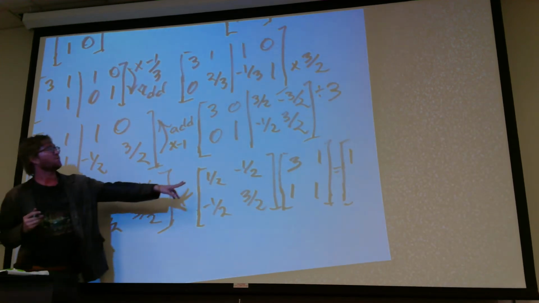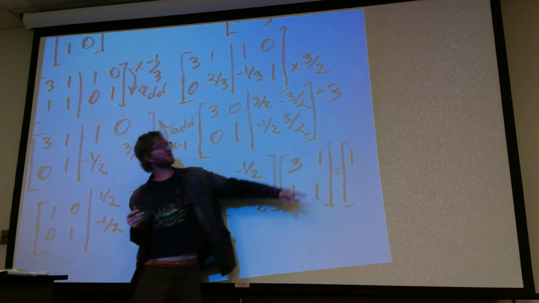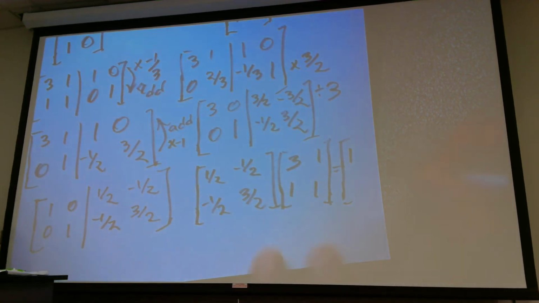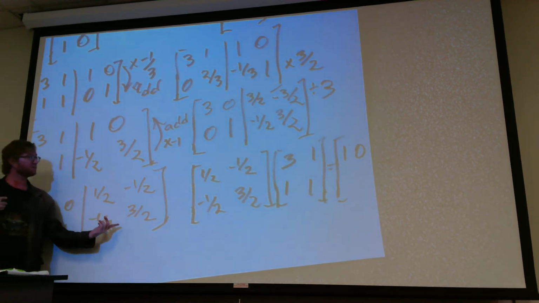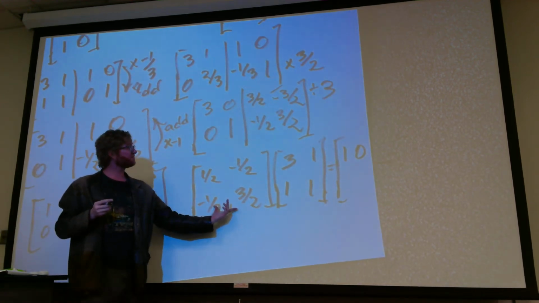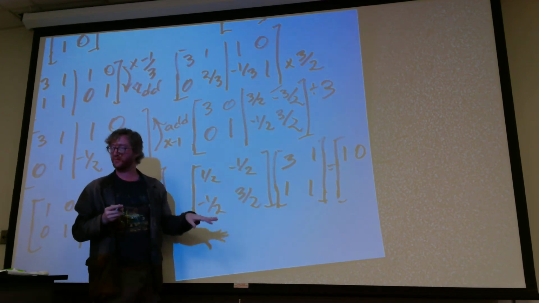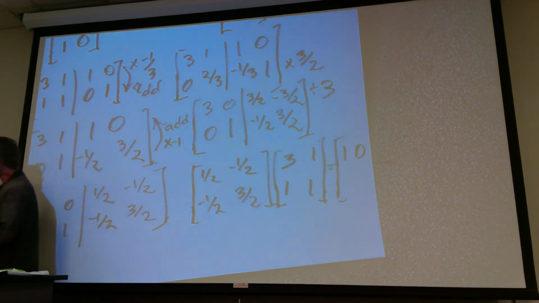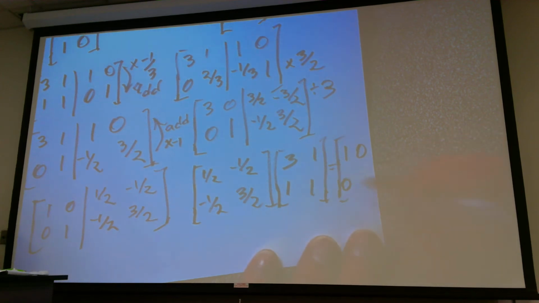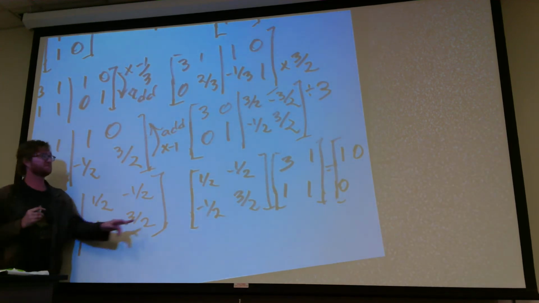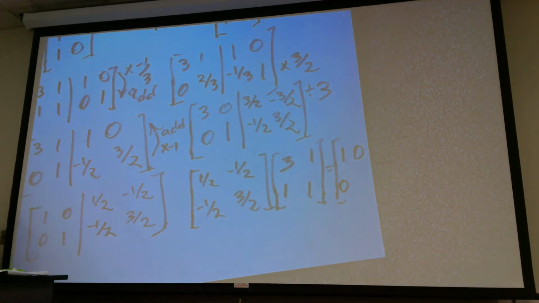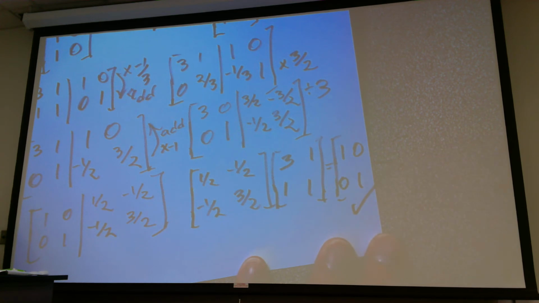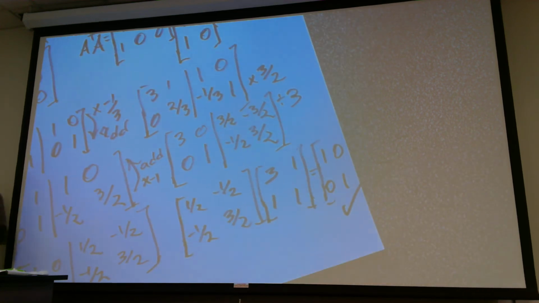Okay? 1 over 2 and negative 1 over 2 acting upon like right there, that'd be 0. Okay? And then right here, negative 1 over 2 acting upon 3 with the 3 halves, those cancel each other out, and that becomes a 0. And then negative 1 half and 3 halves acting upon 1 and 1, well, 3 halves minus 1 half is 1. Okay, so we do have the right inverse, so it's good to just at that step do that.